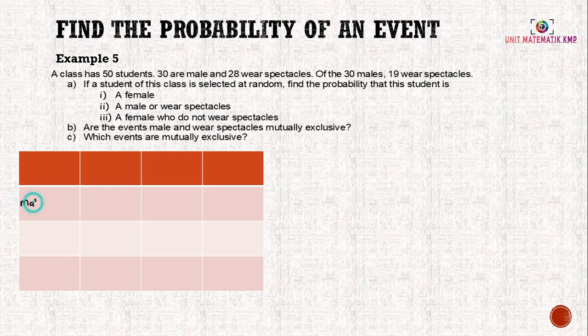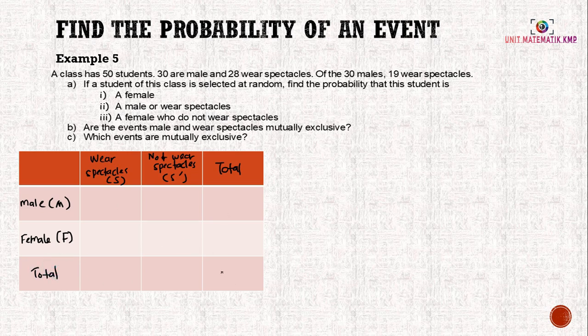So we put here male as M, event M. So female as F. This one is wear spectacle, event S, and not wear spectacles as event S prime or S bar. So hujung ni adalah total.